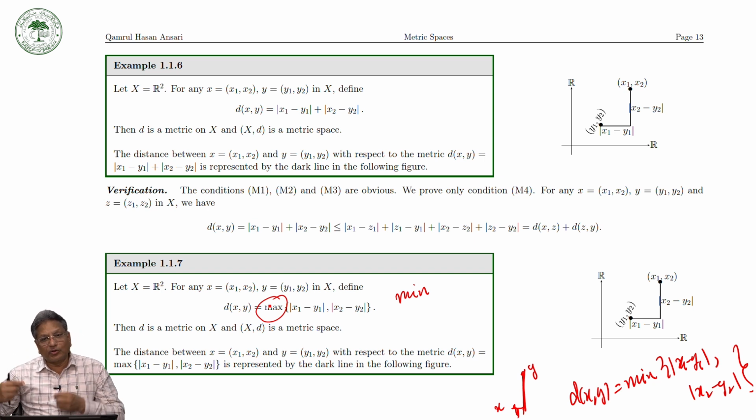But you cannot ignore the maximum length. The maximum length cannot be ignored. The minimum length can be ignored. You can find the example, which I will show later, where if we replace the maximum by the minimum, then it is not a metric on X equal to R2.